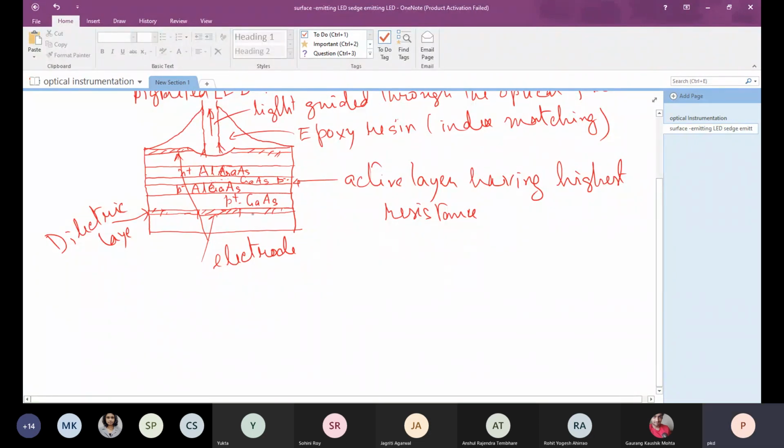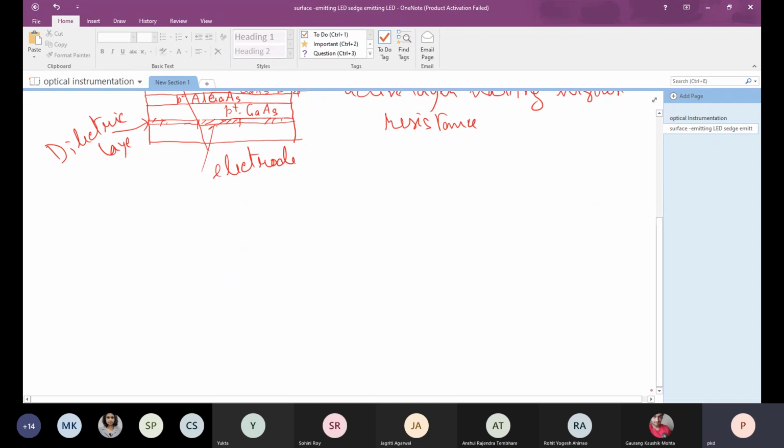So typically for LED, of course, this active layer is in microns, that is 2 micron, 3 micron, 10 micron, depending on the type of configuration. Whereas we shall see that for lasers, like laser diode, this active layer will be a fraction of a micron.